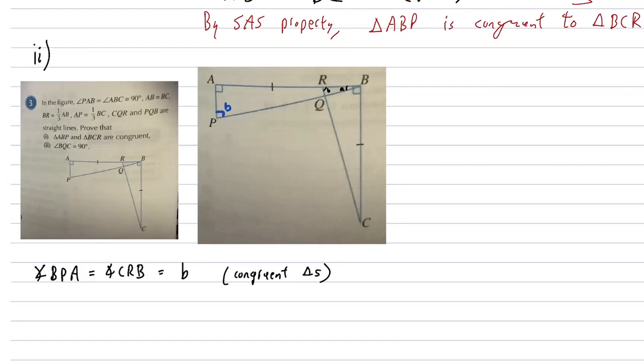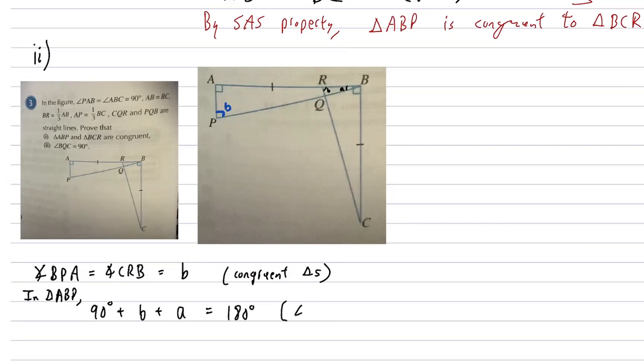Right? Okay, then if you focus on triangle ABP, this triangle here, what do you notice? You notice that we have three of the angles inside already. So that means that in triangle ABP, we have 90 degrees plus angle B plus angle A. Sum of the three angles in a triangle must add up to 180 degrees.